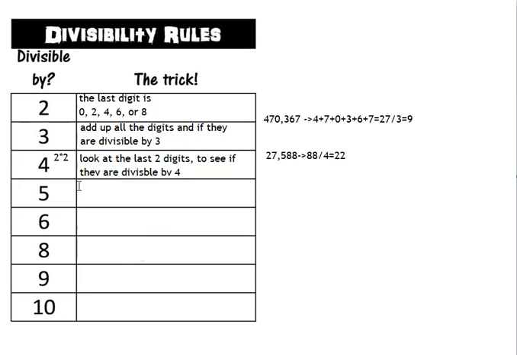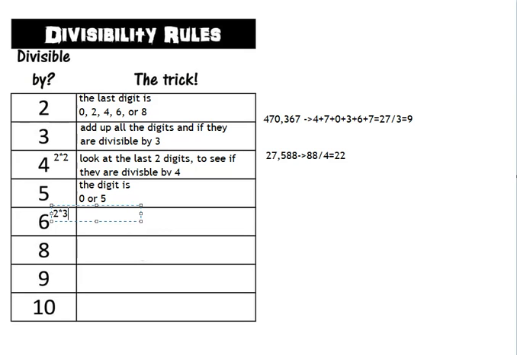Now for the 5s, you look at the last digit. If the last digit is 0 or 5, it's divisible by 5. So 5, 10, 15, 20, 25, you know your thing. And that one's even, so you don't have to use one of the other ones. Now 6, think about 6. 6 is 2 times 3.